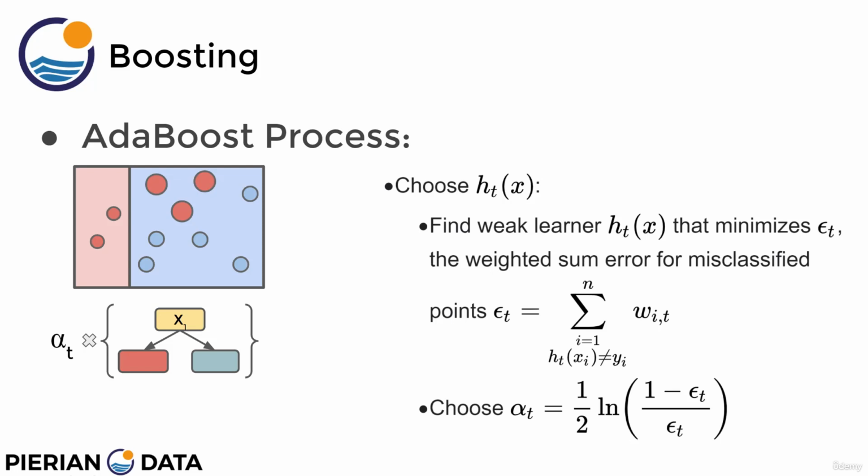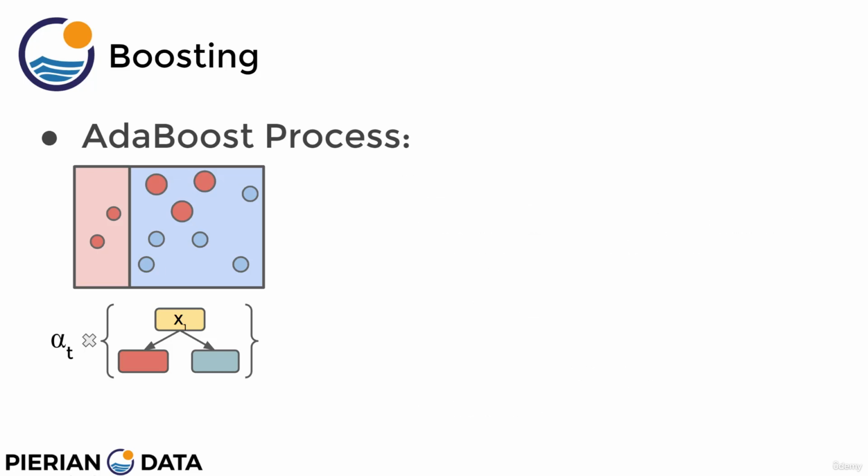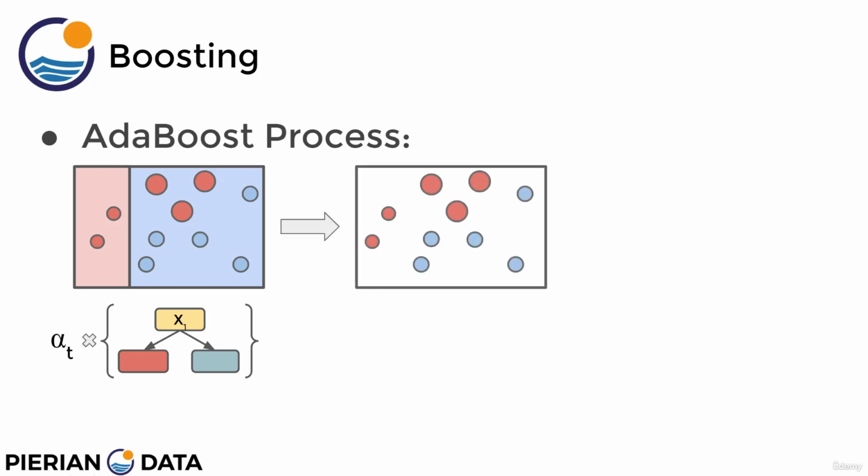But keep in mind, this is a process that is built out in series. What I have now to move on to the next tree is the updated set of weights. So I'm going to take that updated set of weights, here represented again by the size of the circles, and now I'm going to have another weak model. But this weak model is not learning on the original data set.